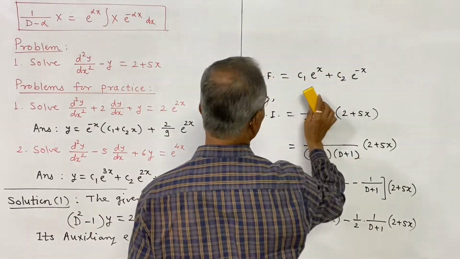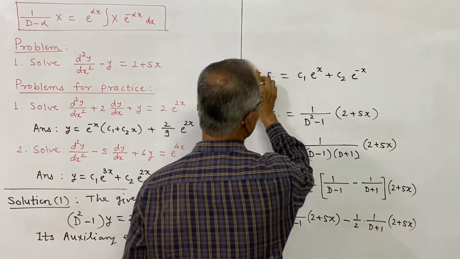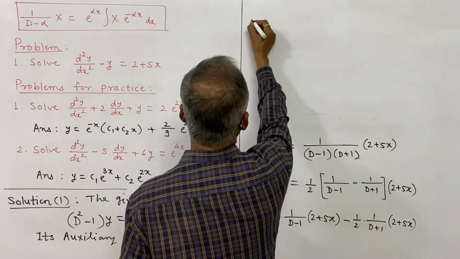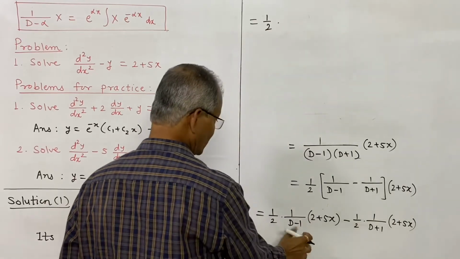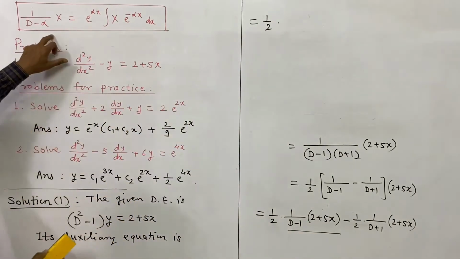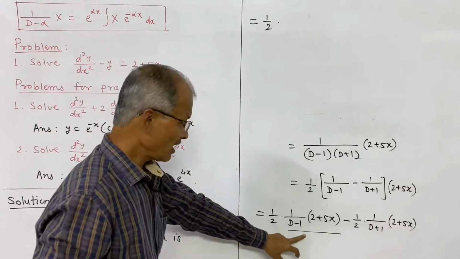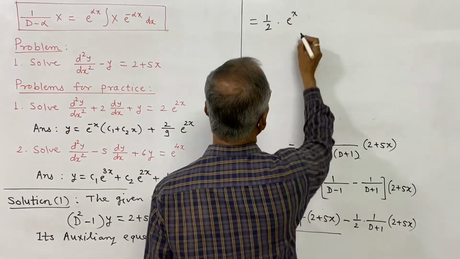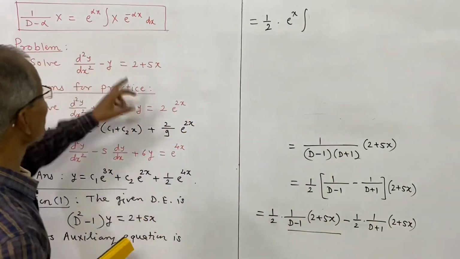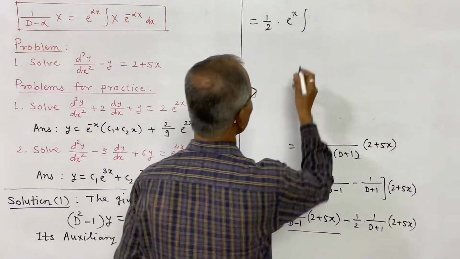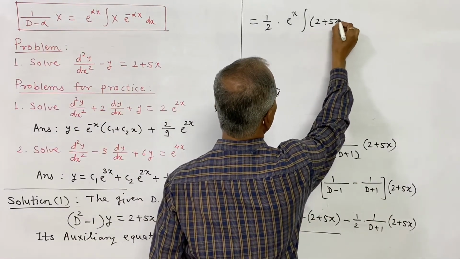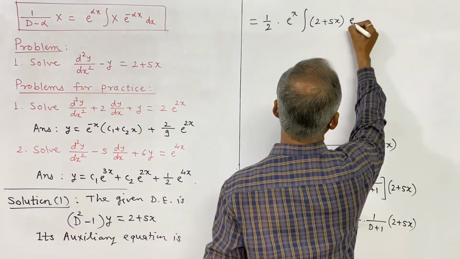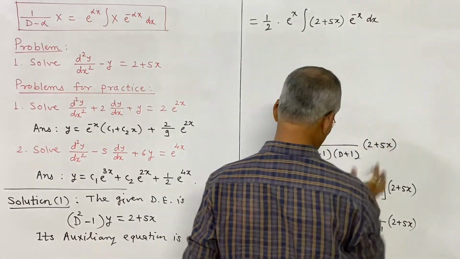So this is our CF that we have to remember. This is equal to 1 by 2. Now see, for this use the formula. What is alpha? Alpha here is 1, and therefore it will be e power x, 1x, integration, x is 2 plus 5x here, and therefore that will be 2 plus 5x into e power minus alpha x, that is e power minus x into dx, the first.